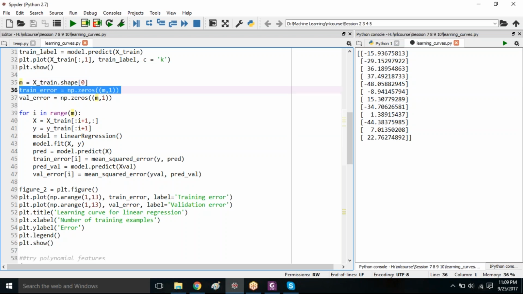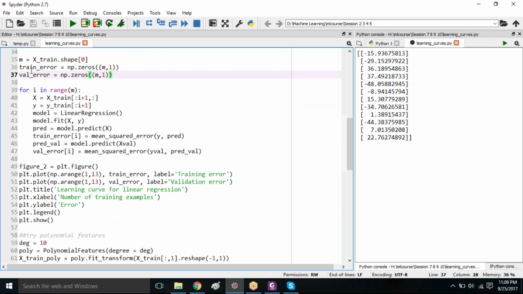For validation error and train error, I have made an array with np.zeros, a 12-length array. On this array of 12 points, I am looping with i ranging from 0 to 11, and every time I am creating my x and y with an increased number of samples.